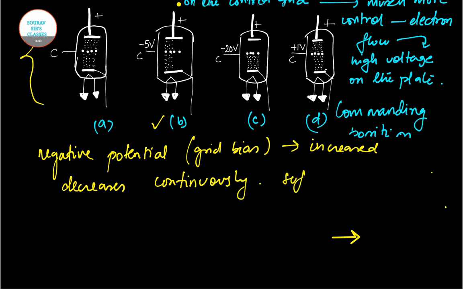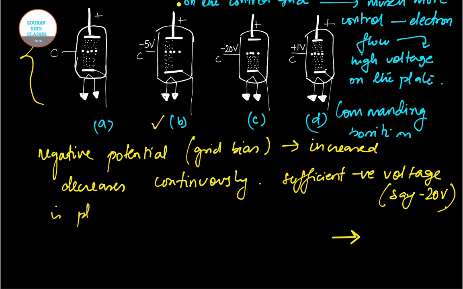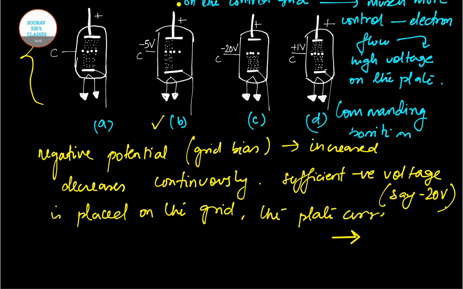If sufficient negative voltage is placed on the grid, and if you refer to the diagram marked as C, it is minus 20 volts, then the plate current becomes 0 and the triode is said to be cut off.